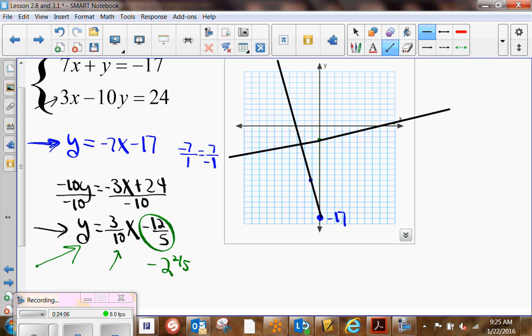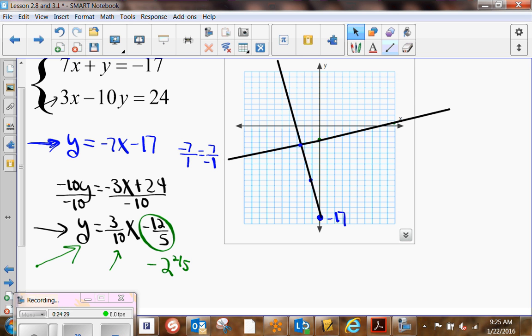Now at this point I have a decision to make because my graph is not accurate enough. So you probably want to use a straight edge. This is my intersection section, and I just kind of have to guess at that. I'm going to guess that point, or estimate, I shouldn't say guess, estimate.